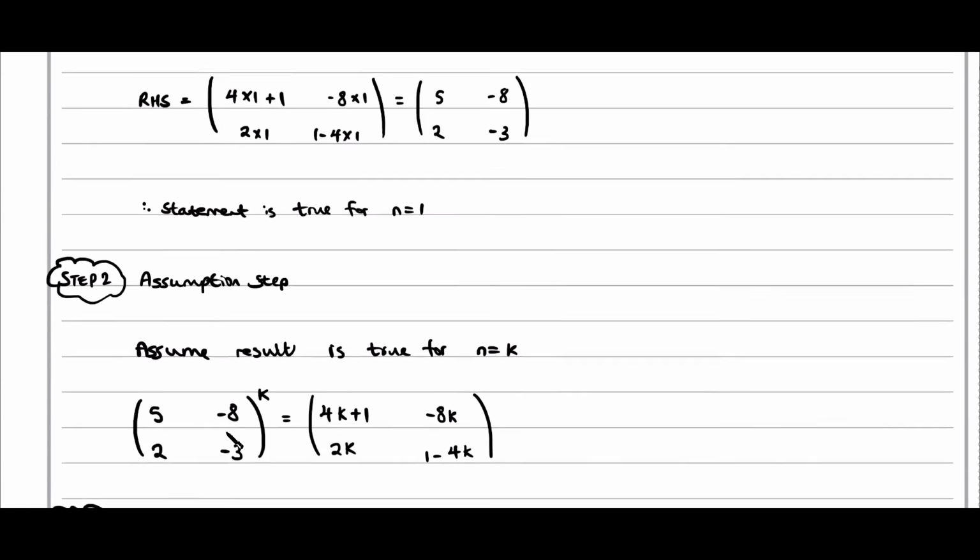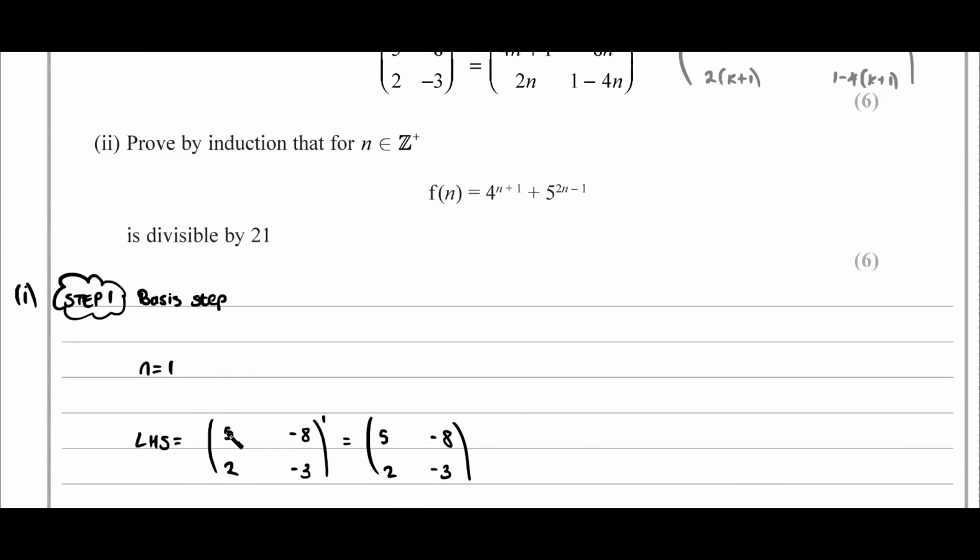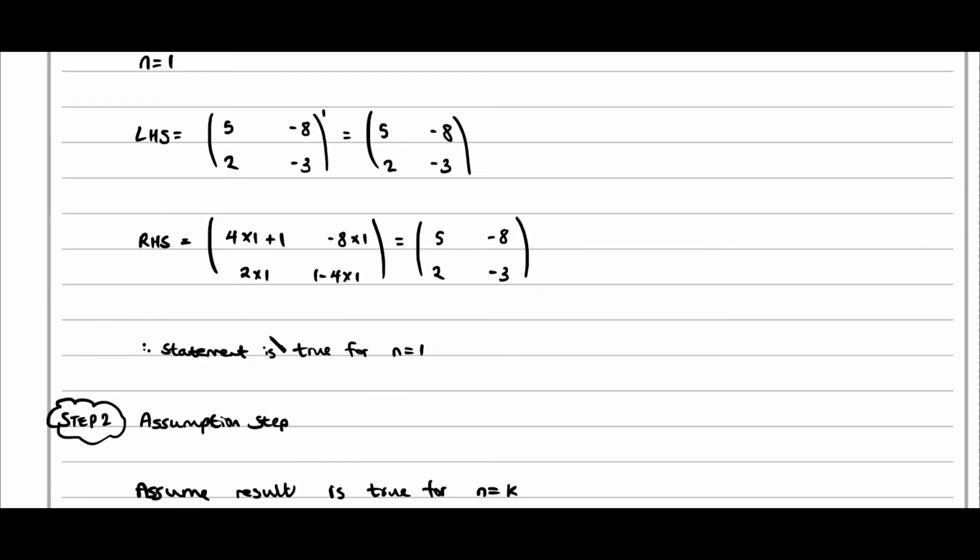Now for part B, we have to prove by induction for all positive integers that f of n equals 4 to the power of n plus 1 plus 5 lots of 2n minus 1 is divisible by 21. This looks like one of those questions that will give a lot of people problems, but it's actually quite easy.